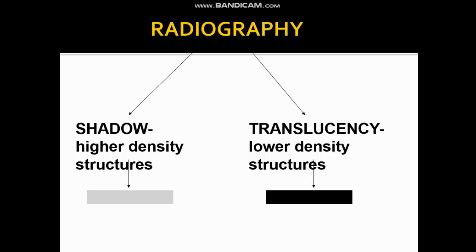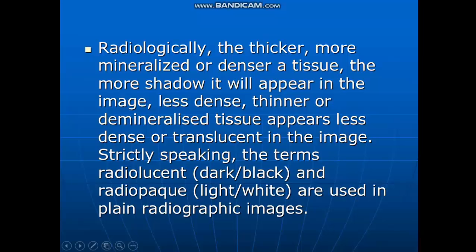You already know that in dental practice we can use different types of radiographic methods, and in all methods we can see two types of intensity: shadow and translucence. High density structures appear as white points or gray areas. We name it shadow, but lower density structures appear as dark points. We name it translucence.